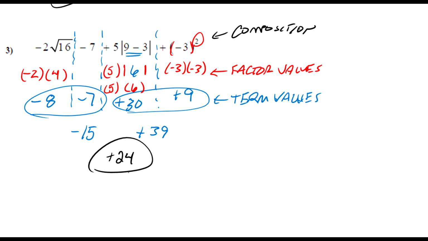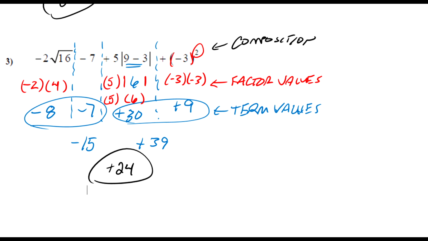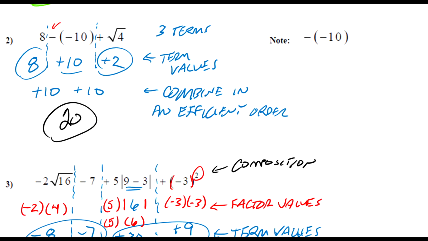All right, so I want to go back and look at the note that I have up here. And in my second term, I had the opposite of this negative in front of the parentheses, like the opposite of, and we could think of that as an operator.